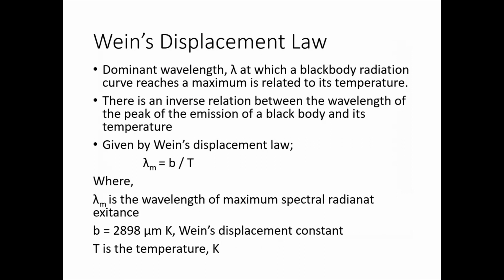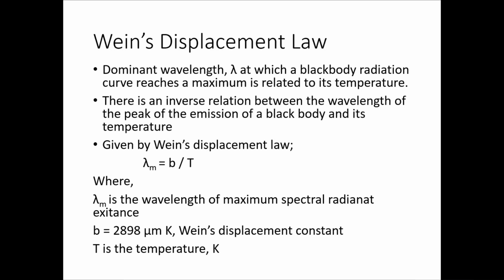According to Wien's displacement law, there is an inverse relationship between the wavelength of the peak of the emission of a black body and its temperature. So lambda m, the wavelength of the maximum spectral radiant excitance, which is my dominant wavelength, is equal to B by T, where B is Wien's displacement constant, 2898 micrometer Kelvin, and T is the temperature in Kelvin.